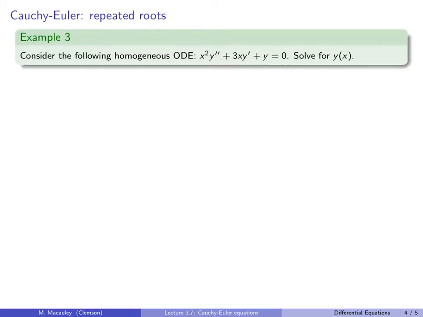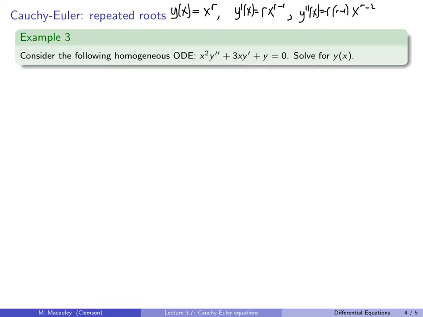So let's do this, and I'm going to move a little bit quickly in the first few steps because you've seen this before. We're going to assume that the solution is of the form x to the r. So y prime is r x to the r minus 1, and y double prime equals r times r minus 1 times x to the r minus 2.